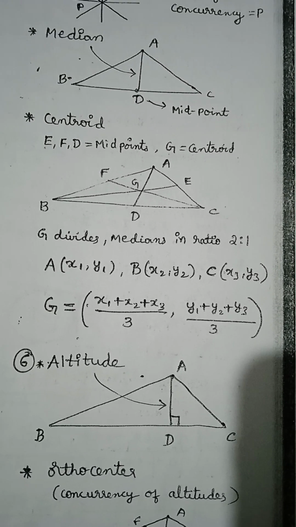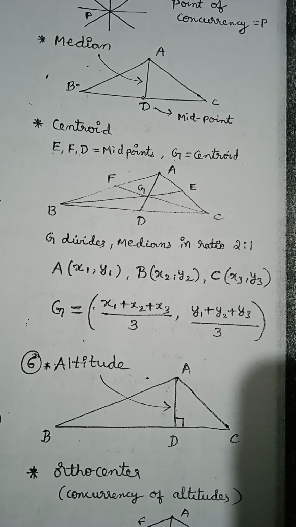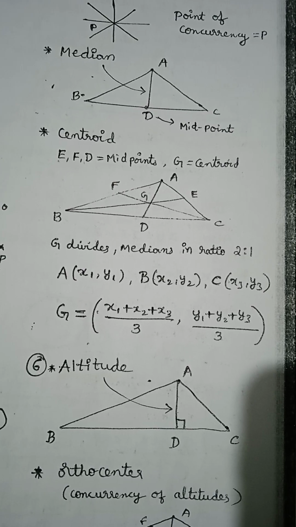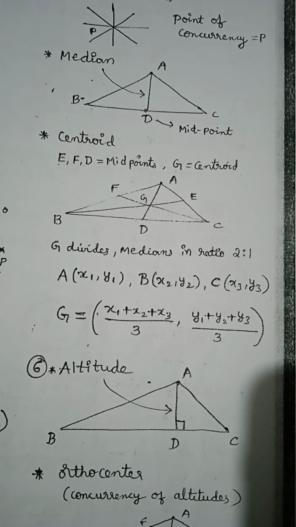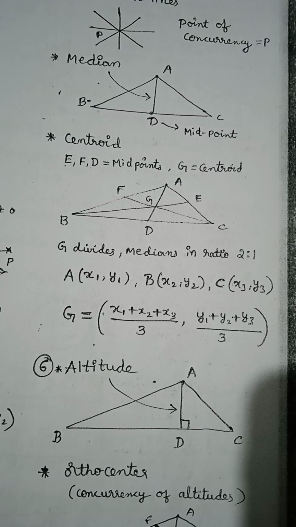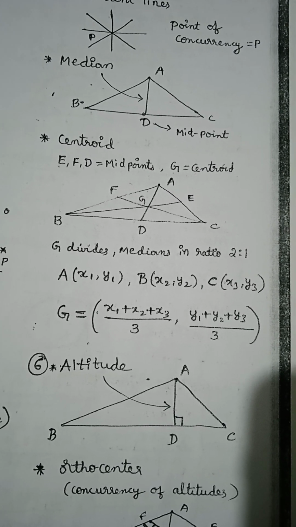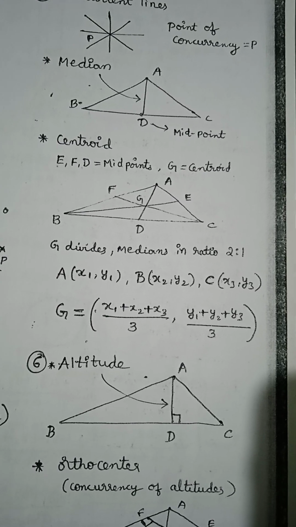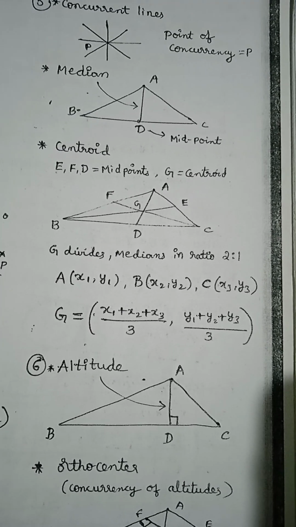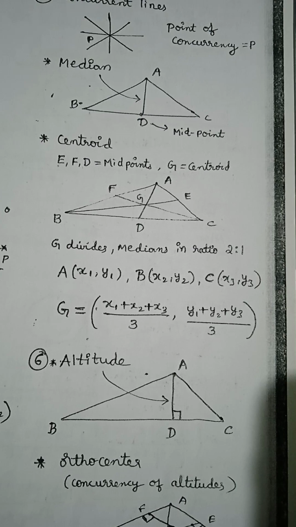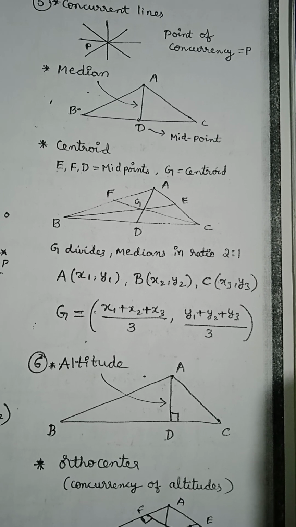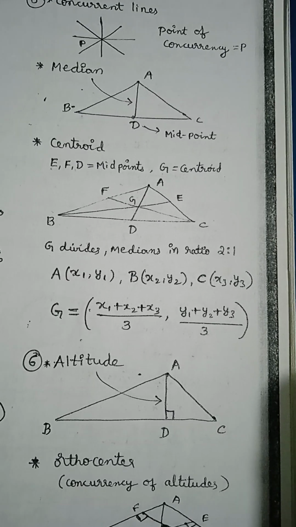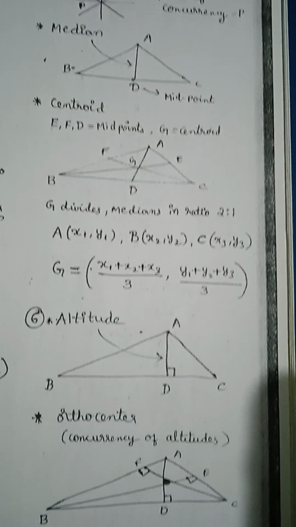Centroid formula for the triangle having vertices A(x1, y1), B(x2, y2), C(x3, y3): the centroid coordinates would be ((x1 plus x2 plus x3) by 3, (y1 plus y2 plus y3) by 3). The centroid G divides the medians in the ratio 2:1.